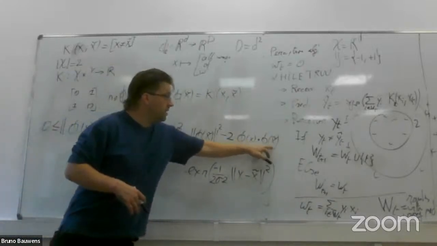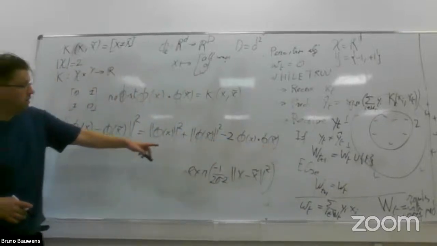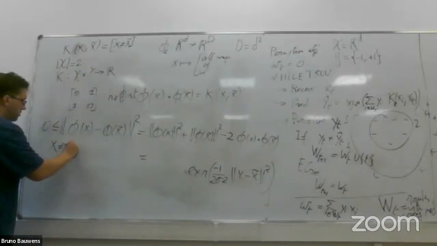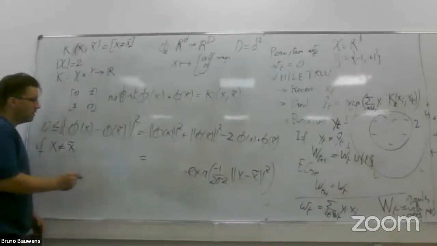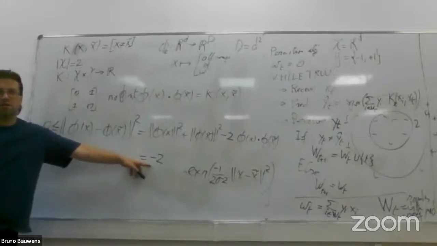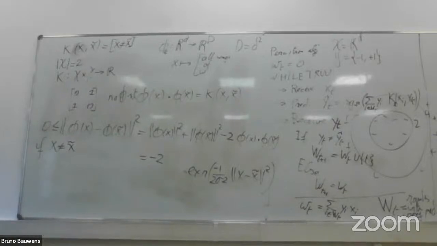But if x and x tilde are different, then this is 1. So if x is different from x tilde, then we have 0 equals 0 bigger than minus 2. So we understand no such function exists.